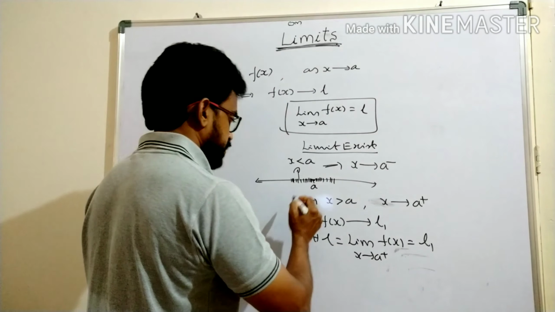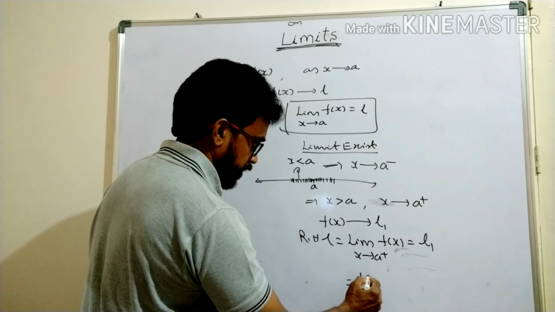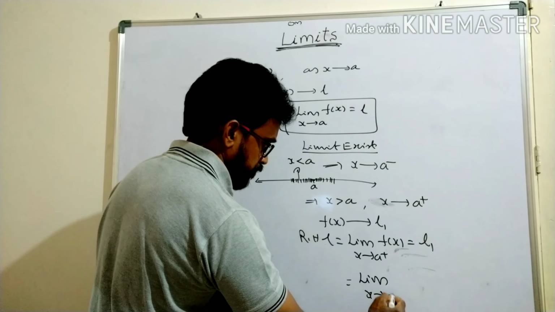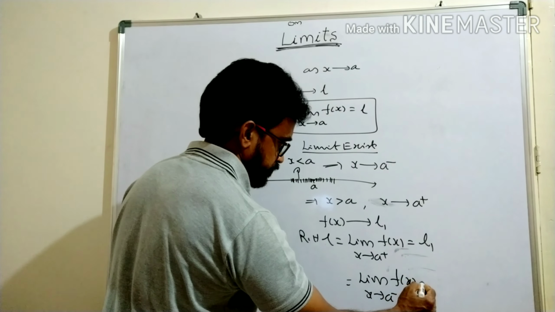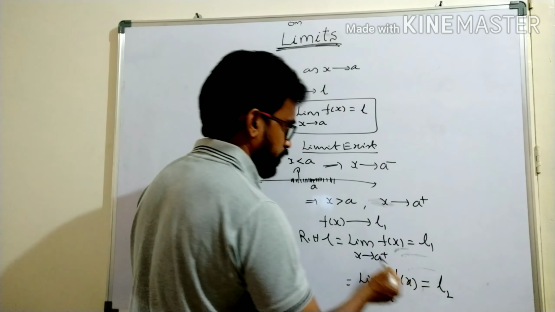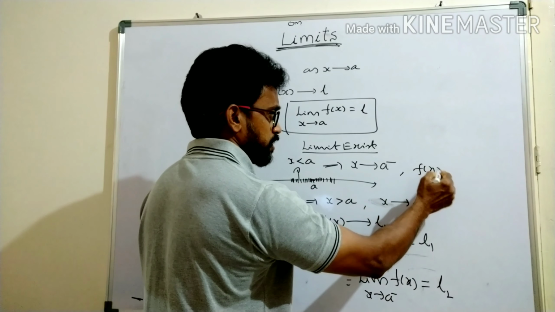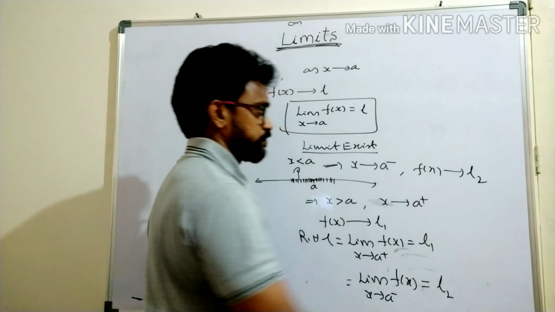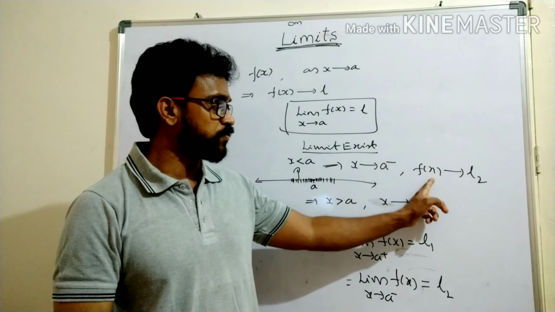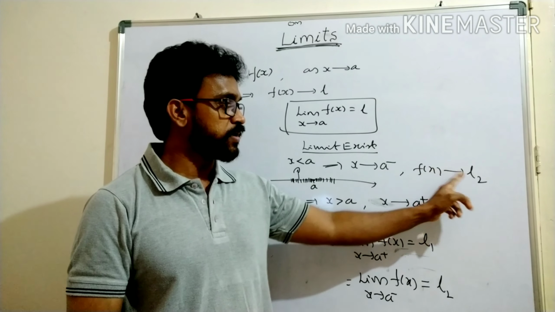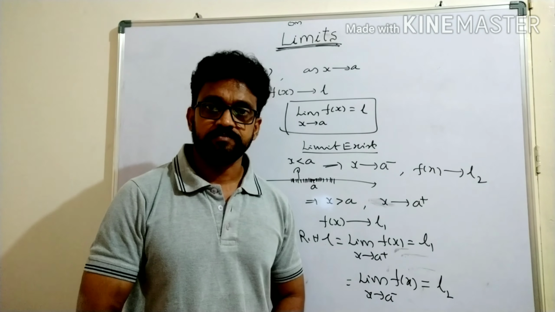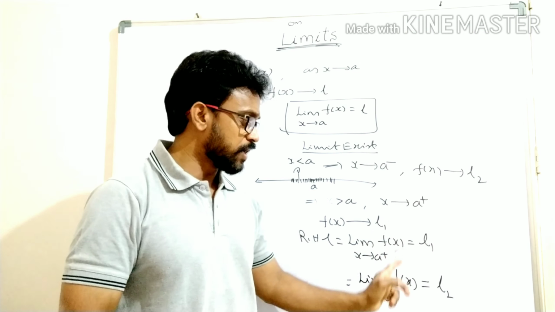In this case, limit x tends to a minus f of x is equal to, suppose, L2. That means f of x tends to L2. This is called the left hand limit.